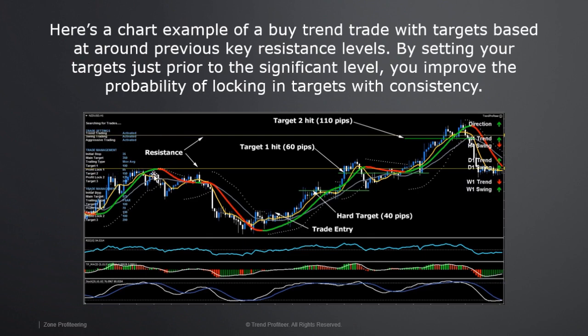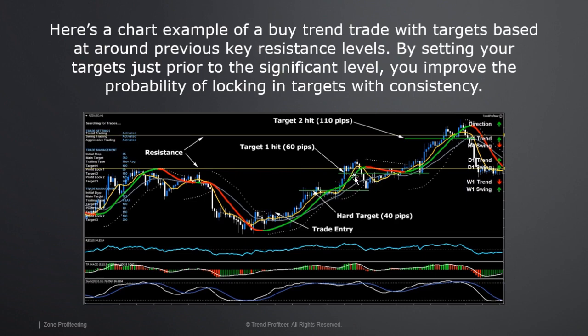So we enter the trade here on a perfectly valid profiteer trade, and let's say we placed a hard target of, say, 40 pips, 40 pips being hit over here. But we could have easily stayed in the trade a little bit longer, up towards here around 60 pips, with the target being set just prior to this resistance level.